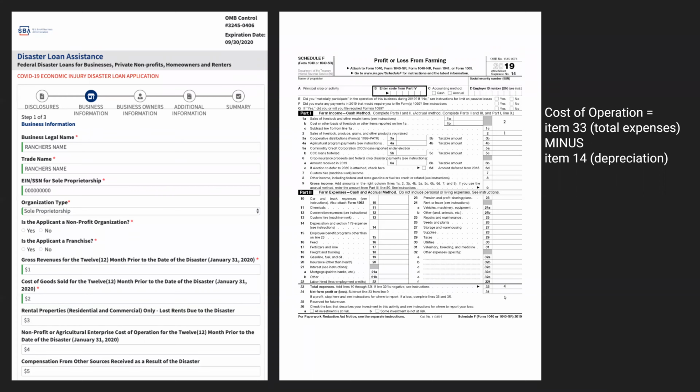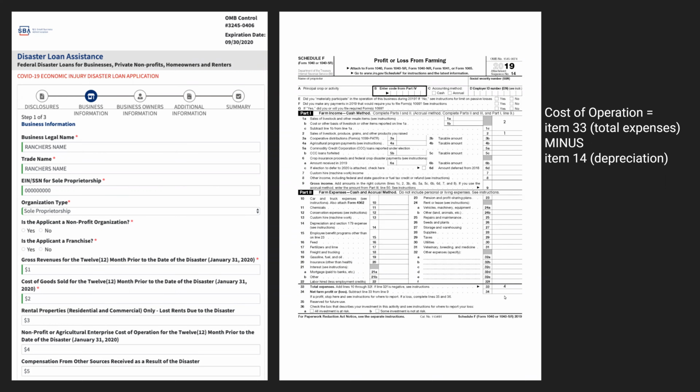Your cost of goods sold for the 12 months prior to the date of the disaster would be any of the numbers that you have filled in on your Schedule F, Part 1, Line 1, where there may be a cost or other basis of livestock. If we're talking about a cow-calf operator, you typically would not have any cost of goods sold because your calves do not have any associated costs specific to developing them.